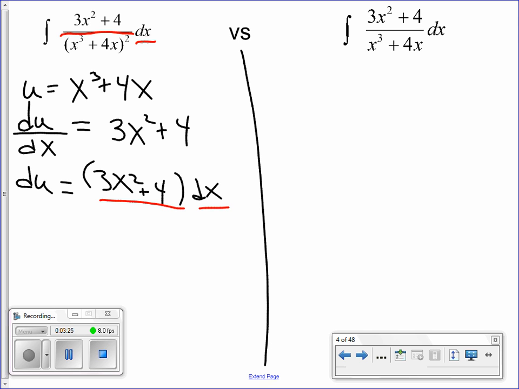There you go. Okay, when I rewrite an expression, I usually look for the u first. So u is x cubed plus 4x. So you see that you have in the denominator, and it's squared. So that's a u squared down here.